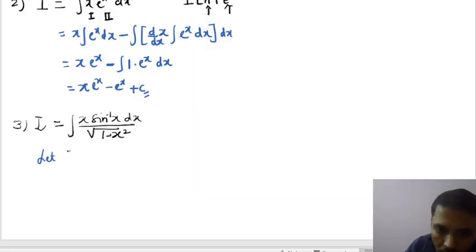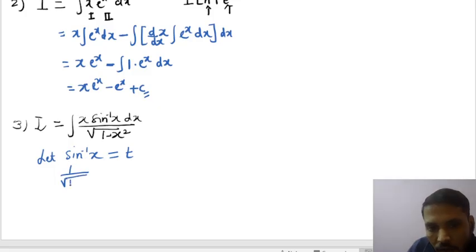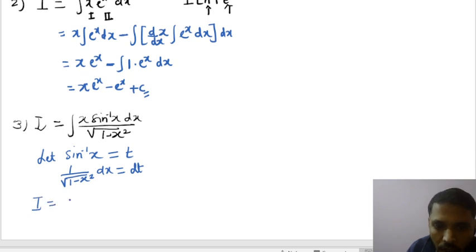If we say sine inverse x is equal to t, then the differentiation of sine inverse x is 1 upon under root of 1 minus x square, and dx, and this is equal to dt. That means x is nothing but sine t.